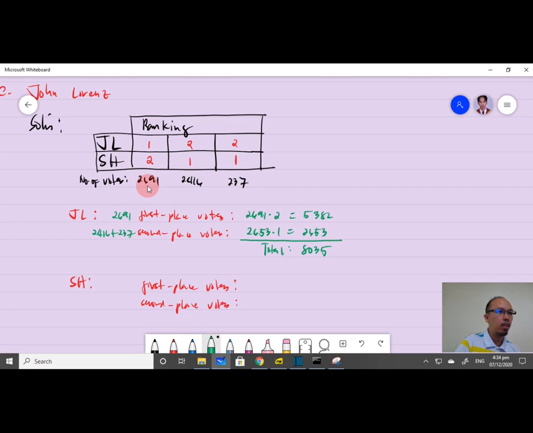For Stephen Hyde, first place we have 2416 and 237, and for second place we have 2691. So the answer here would be 2691 times 1, we have 2691.